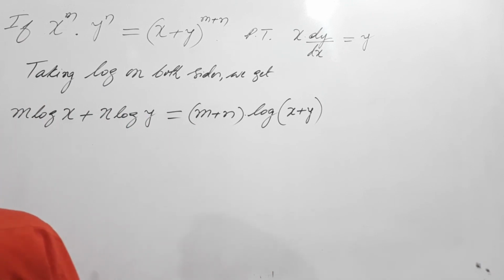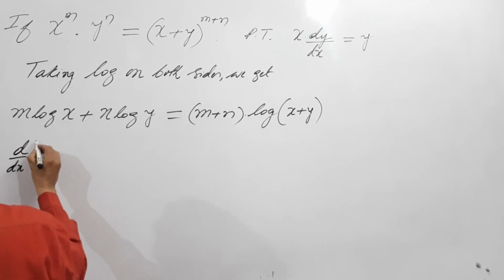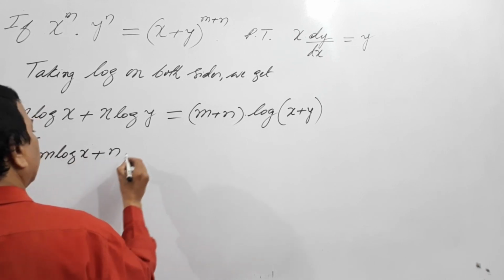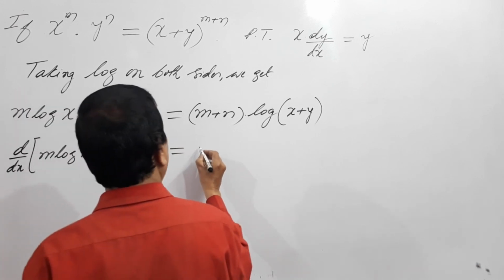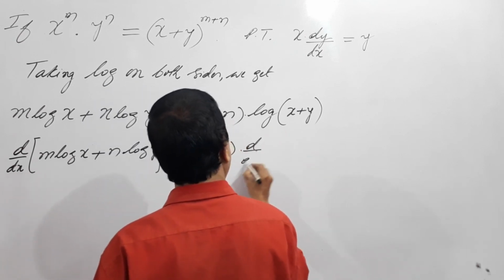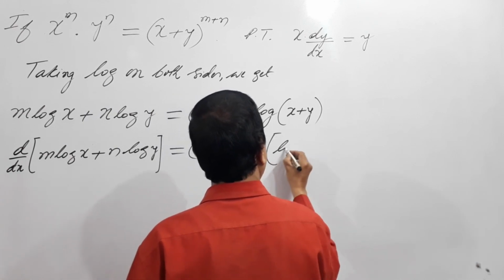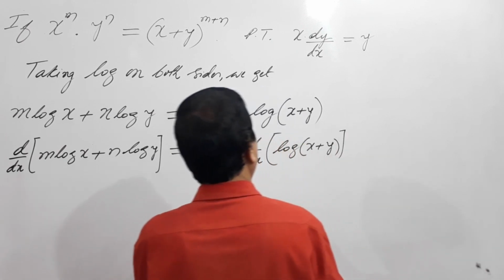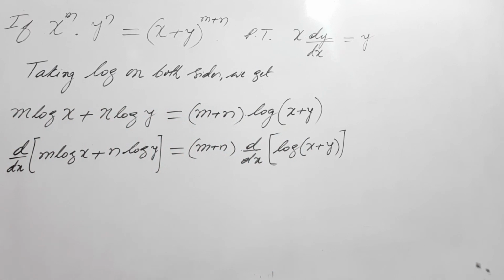So by differentiating, that is d by dx of m log x plus n log y equals, I take this m plus n constant outside and differentiate, d by dx of log of (x plus y), in a square bracket. Okay, now let's differentiate this.